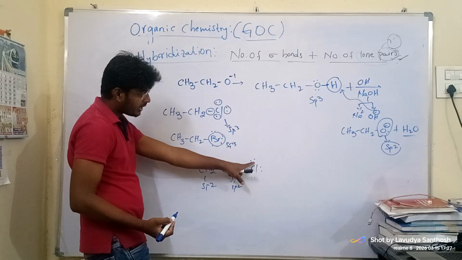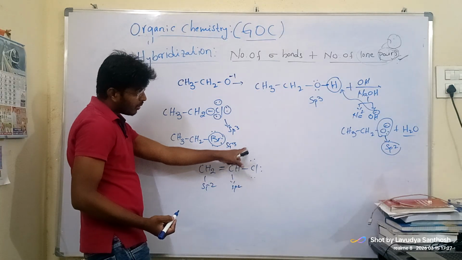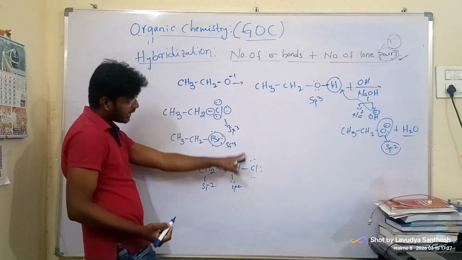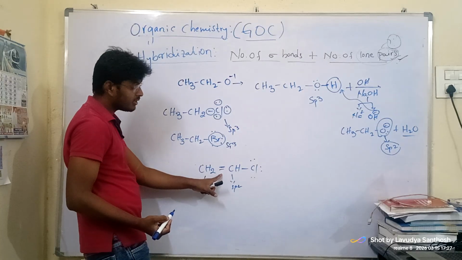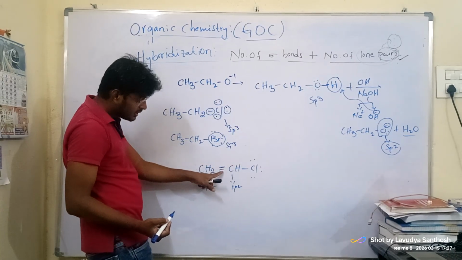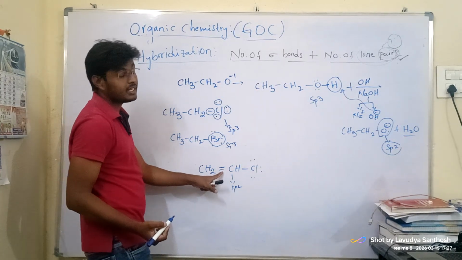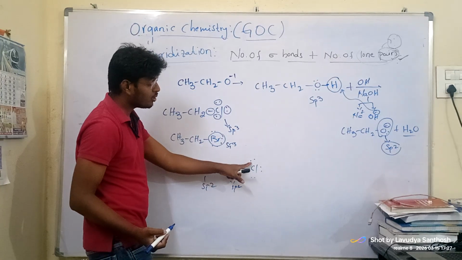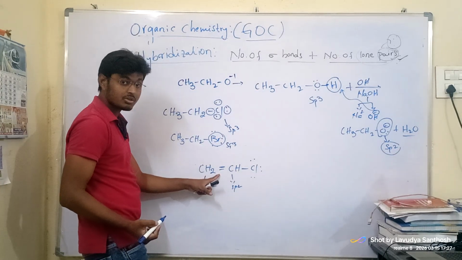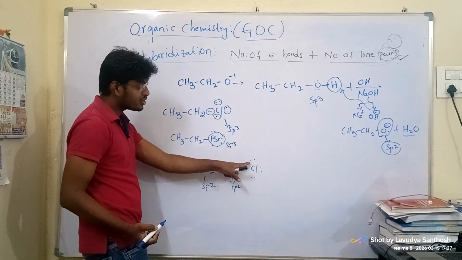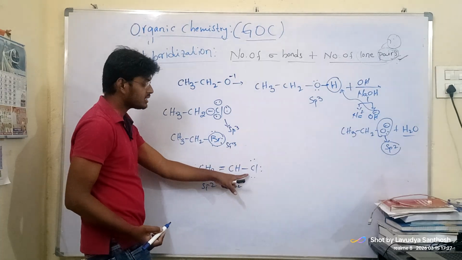Now this is in resonance, when there is a lone pair alternating with a pi bond, then this will be in resonance. Whenever a lone pair of electrons is involved in resonance, as we discussed, we ignore one pair and count the rest of the two pairs only.